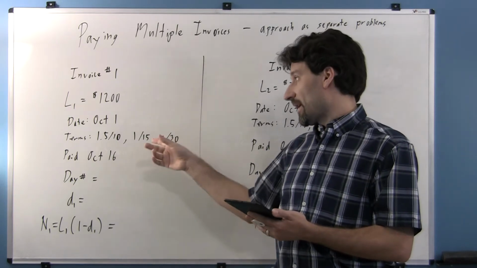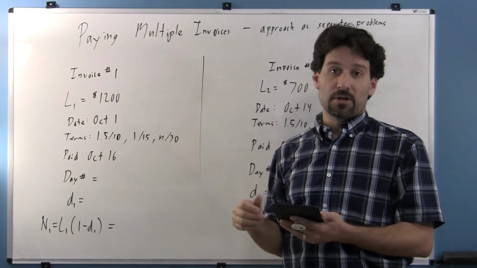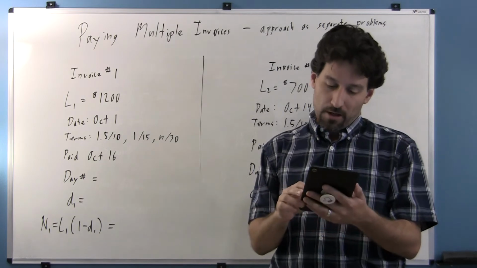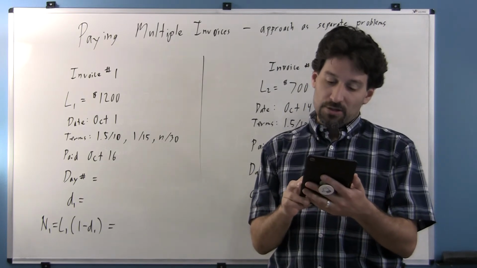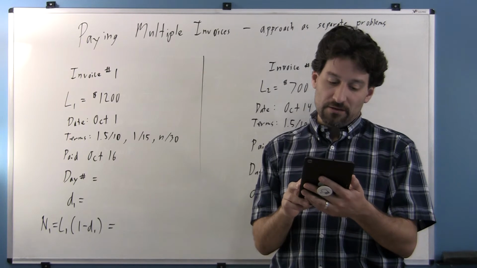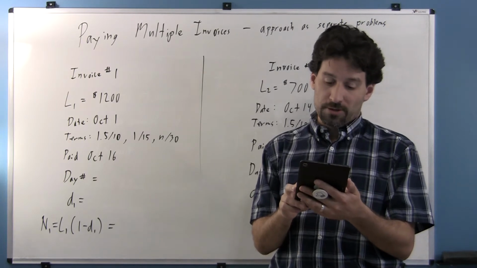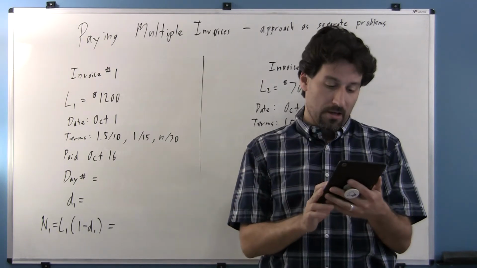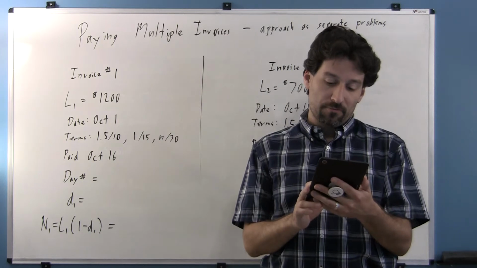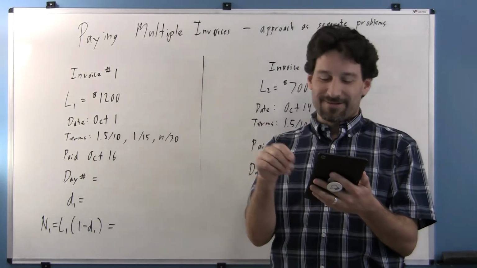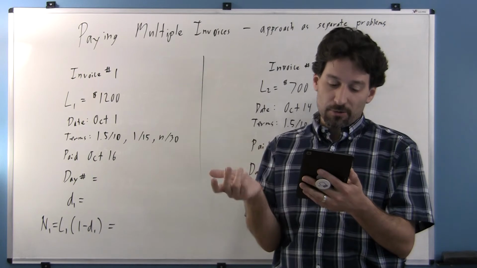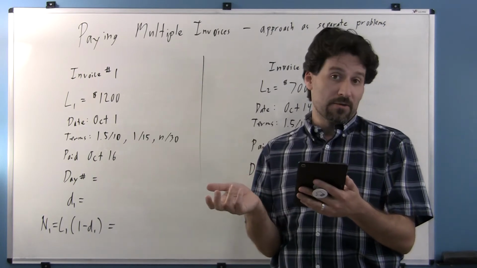And then from day 16 through day 30, no discount. You decide to pay them both off in full on the same date, October 16th. How much would you pay in total? I put a hint here just to remind: work out each invoice separately, then add the net amounts at the end.